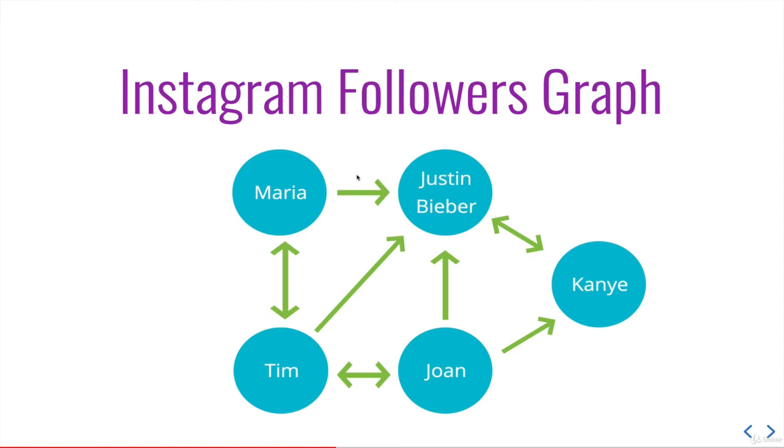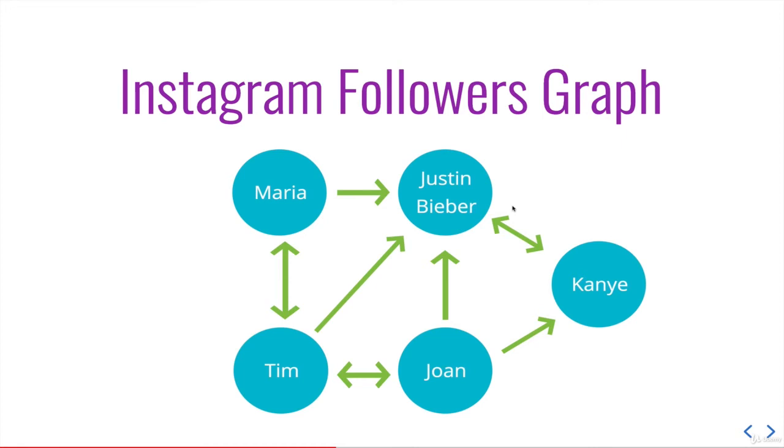So there would be some sort of value assigned to this relationship, or more than one value, so that Maria's connection to Justin Bieber might be super strong because she loves Justin Bieber, but Joan's maybe isn't as strong. And you could easily store that using a graph data structure. Keep track of how many times this person did X or Y, or assign a value for how much they love a certain person they follow. So just because I'm displaying this part just to explain what a directed graph is, I'm not saying that it couldn't be a weighted graph.